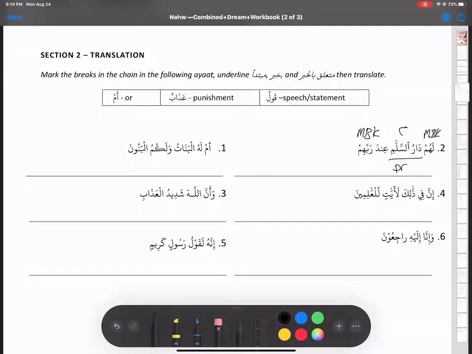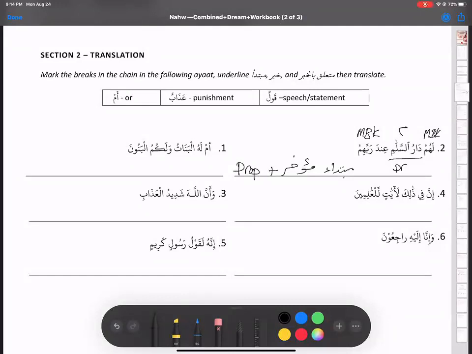Okay, so that should be clear. When exclusivity happens: when Mubtada is Muakhar but it is proper, then exclusivity happens.